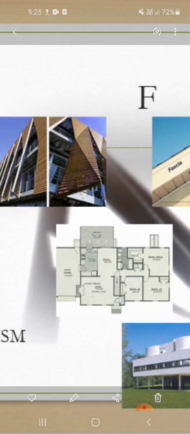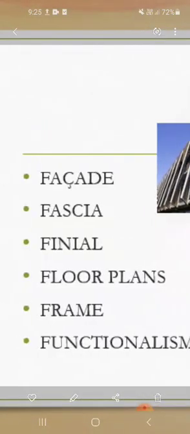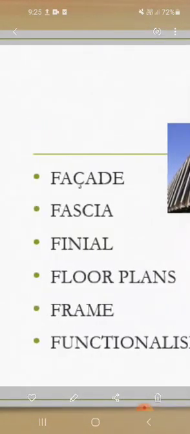Now we have frame. Frame is also a familiar thing to us, because we have two types of structures in architecture mainly. They are load bearing and framed. A load bearing structure is built up from the ground brick by brick, while a frame is a skeletal arrangement of struts, ties, and beams.